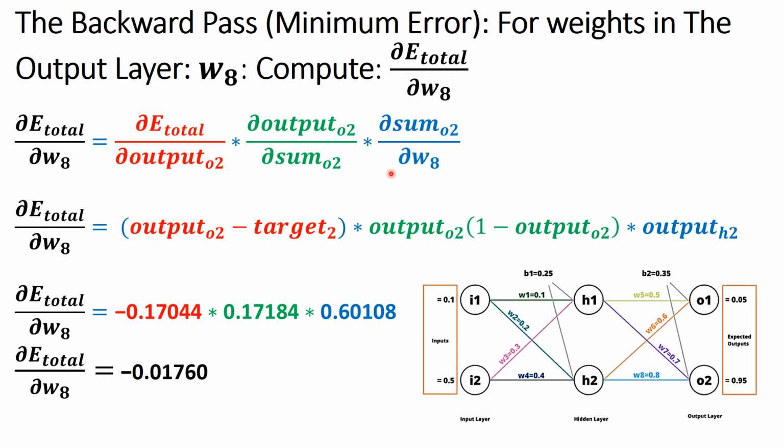We have W8. We compute partial E total with respect to W8. The same steps for W5, 6, and 7.